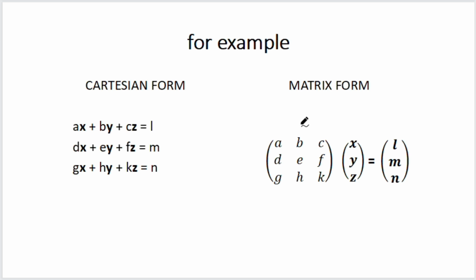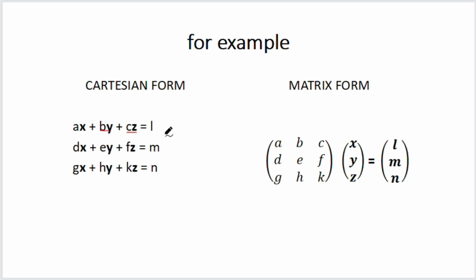The coefficients are the numbers in front of the unknowns. In this case we have a in front of x, b in front of y, and c in front of z. When working it out, we pick out the coefficients to bring out a matrix, which has 3 rows and 3 columns, so it is a 3 by 3, and then we have x, y, z.